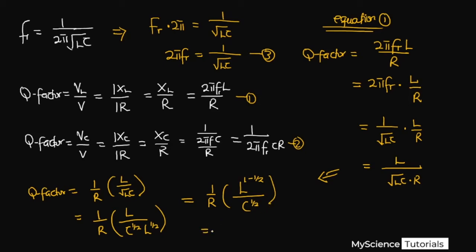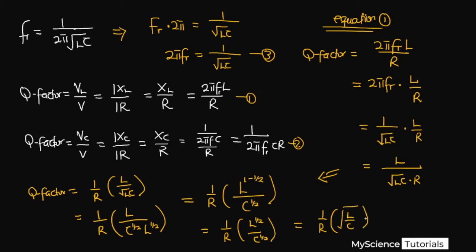So this is equal to 1 over R into bracket, L raised to the power 1 minus half, which gives us L half on C also raised to the power half. And we know half is the root, so this finally is equal to 1 over R into brackets the root of L on C. The root is covering both because this is also raised to the power half, and this is also raised to the power half.